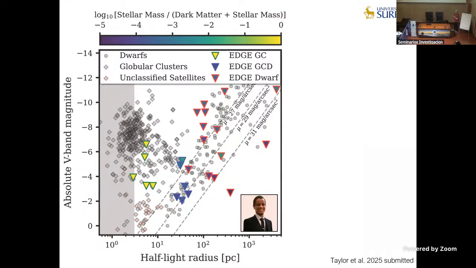So we can now return to the size luminosity plane that I showed you right at the start of the talk. Here are all the EDGE dwarf galaxies we have so far, shown as triangles, and they do indeed lie roughly along these tracks of constant surface brightness. I've colored the points by their dark matter content. If they're yellow, they have basically no dark matter, and if they're black, they're all dark matter.